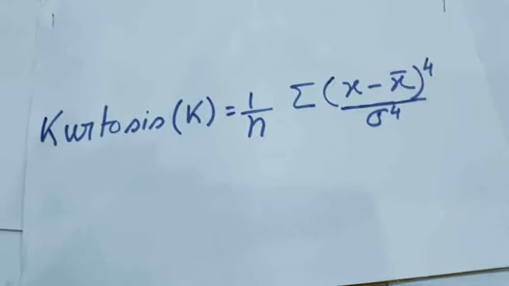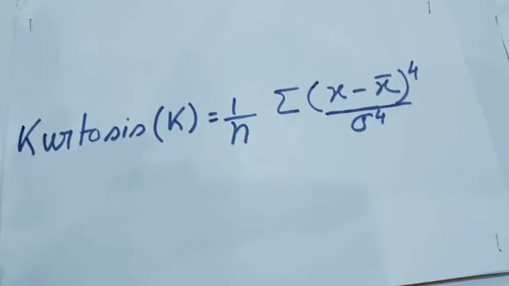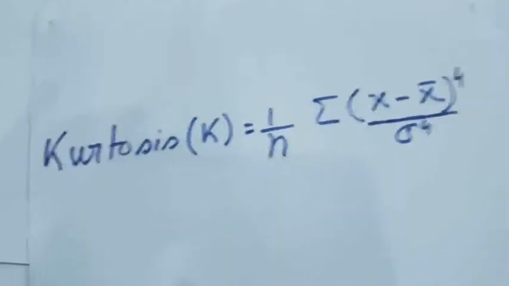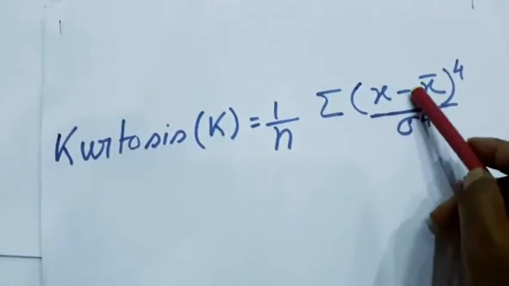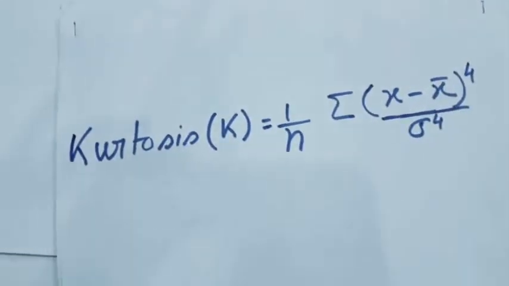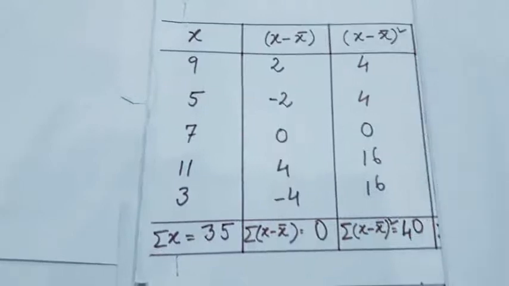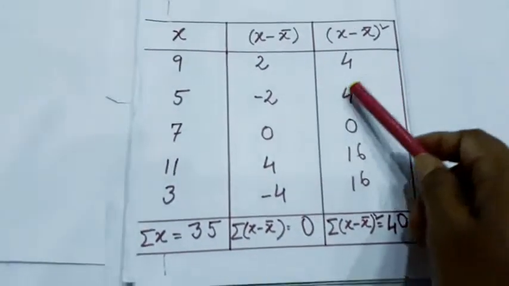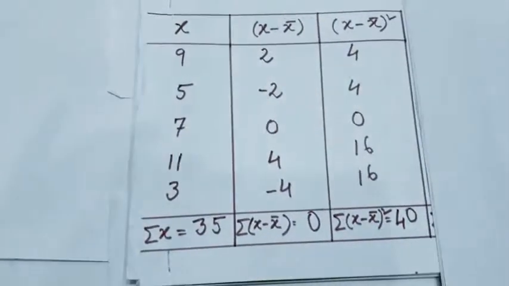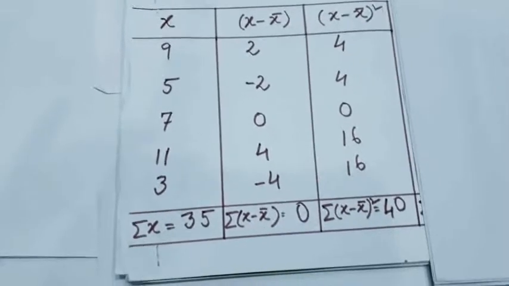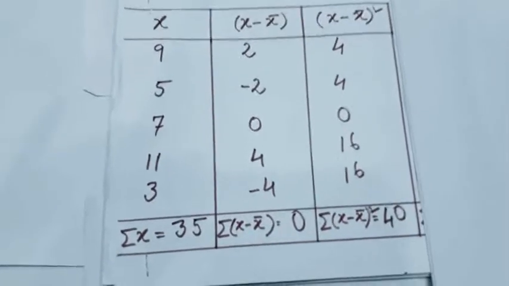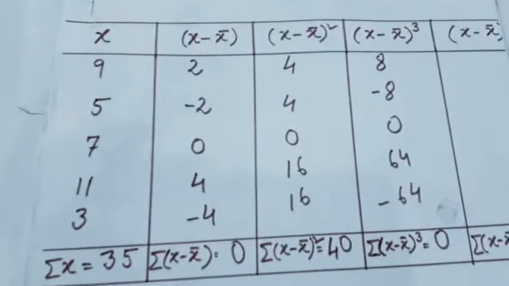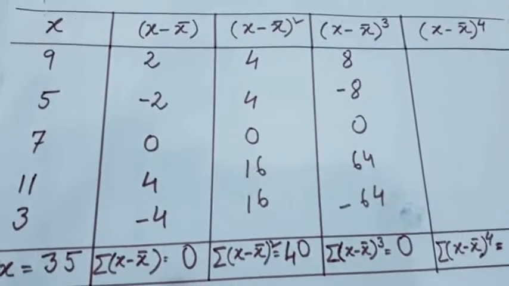Now what is remaining? Remaining is (x minus x bar) whole to the power 4. Okay, it means we have to square this again. Suppose this is, we will square it.